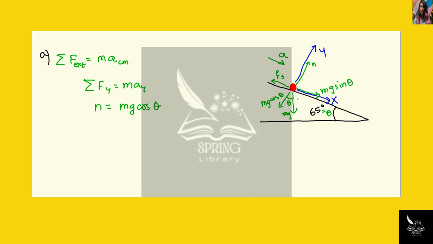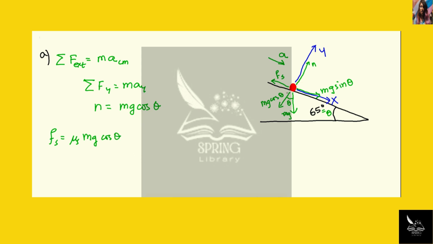Then we also have the x direction, where Fs will be equal to, so Fs is the coefficient of static friction times the normal force, which is mg cosine theta.